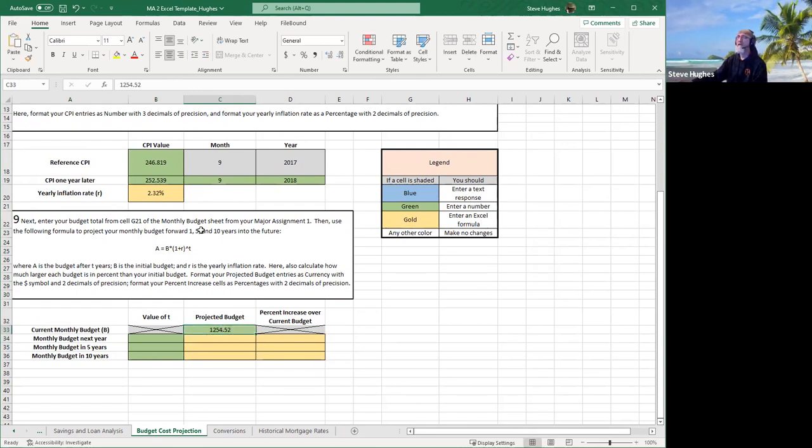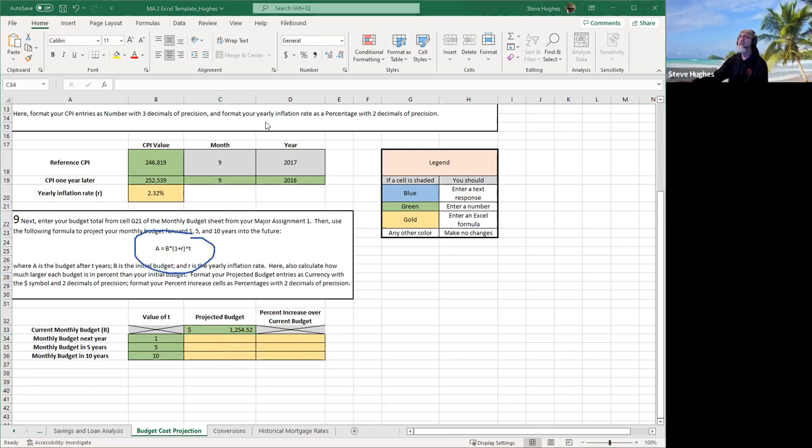I need to format that correctly by going up here and clicking on the $ sign. All right, values of T over the next year, that would be 1, 5, and 10 for my values of T. All right, what is my formula? It's given to me right exactly in the middle of the screen right here.